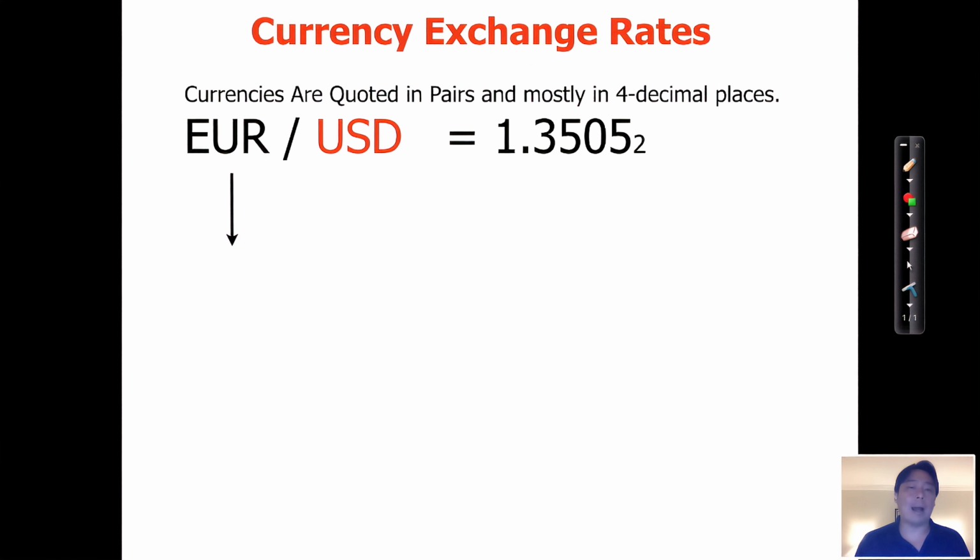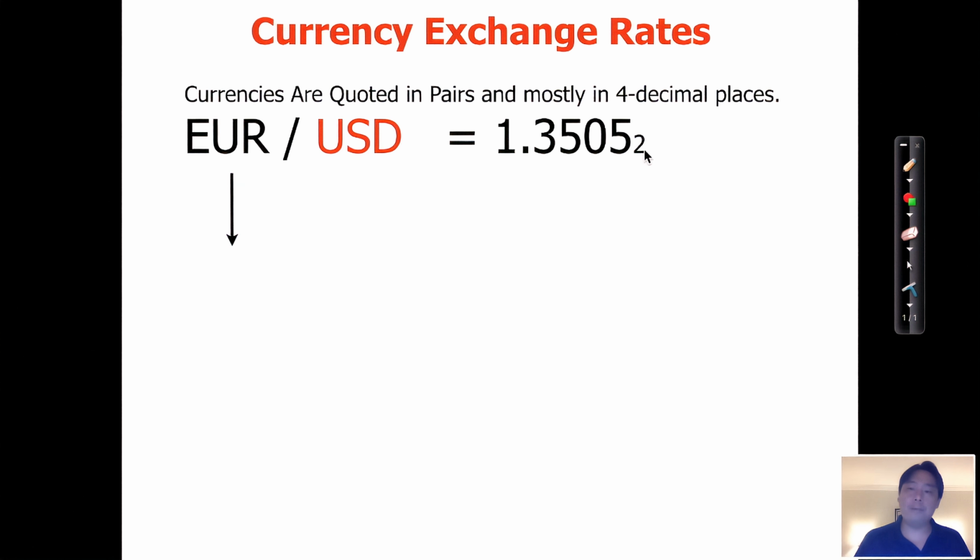So how do you read a currency quote? Again, currencies are quoted in pairs and mostly in 4 decimal places. What you see here is Euro USD 1.3505 2. Now, we only pay attention to the 4 decimal places.